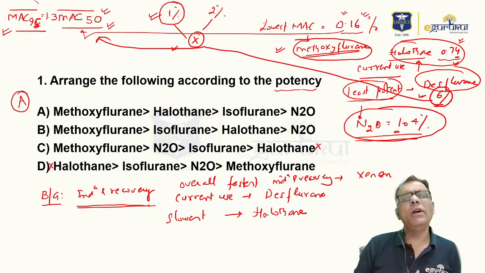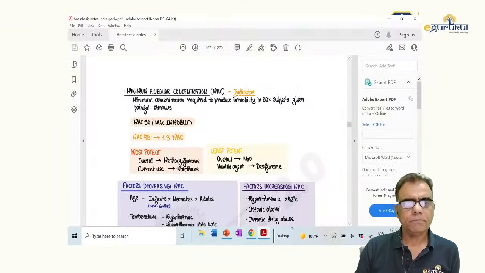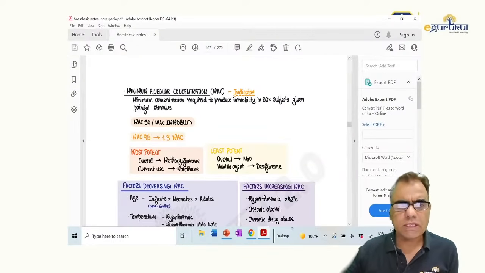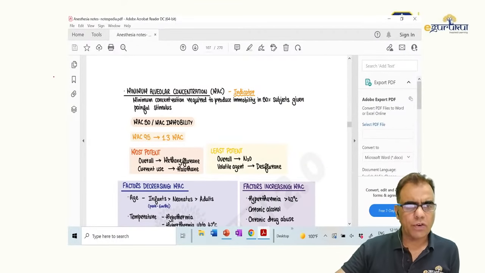So these are the only two properties of inhalation agents which are often asked. Here you can see a screenshot of our eGurukul anesthesia notes for PGR, where we have discussed this MAC.